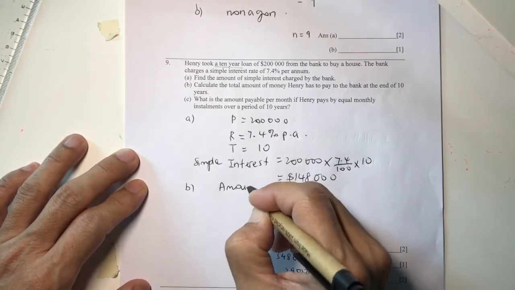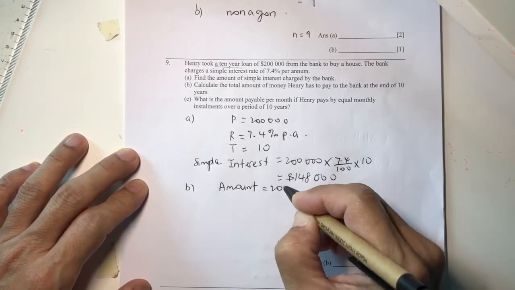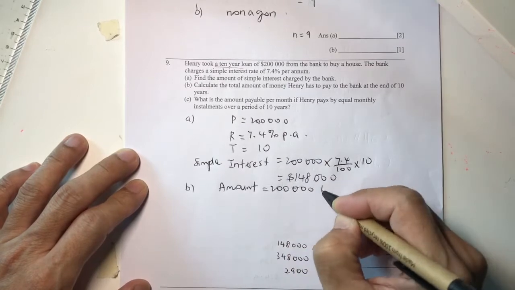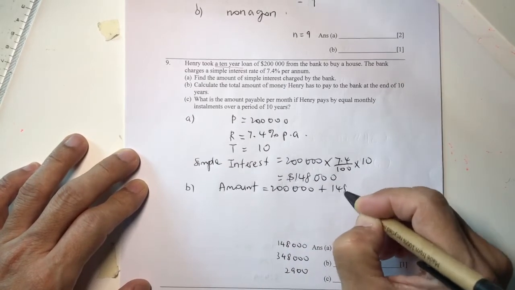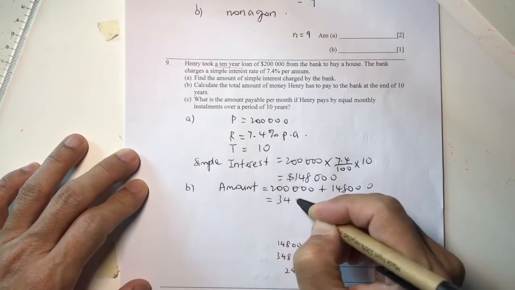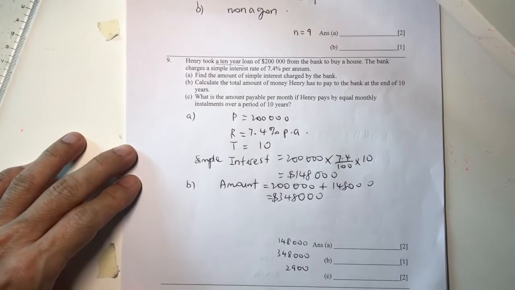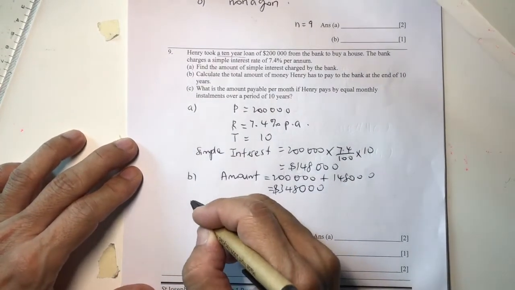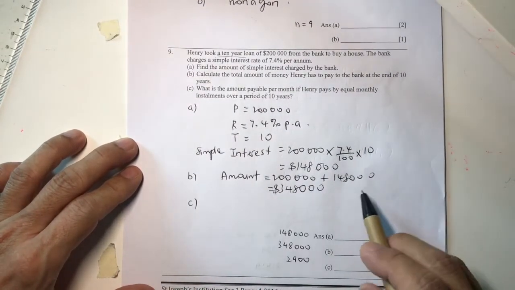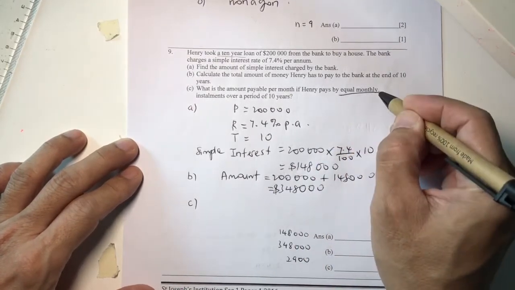And to calculate the amount he has to pay back is just the principal, which is 200,000 plus 148,000. That gives us $348,000. In the next part, we need to calculate how much he needs to pay monthly.